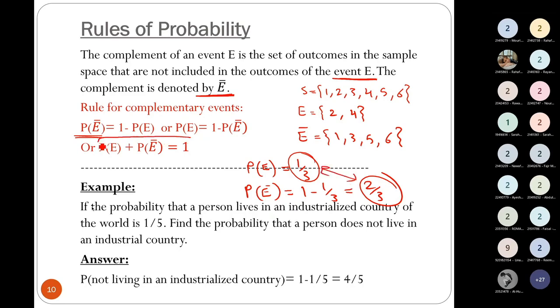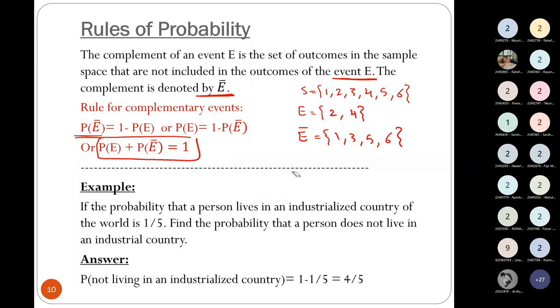Okay, this is very important. Also, if we have the probability of the complement, we can find the probability of A as 1 minus the complement.